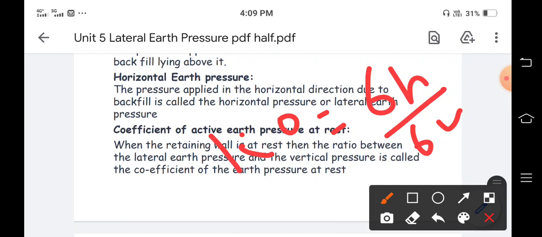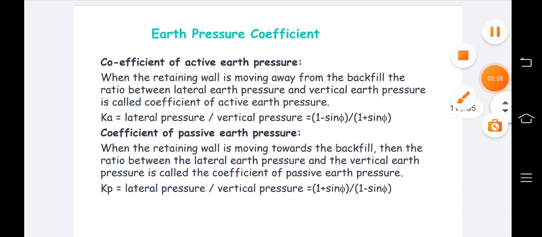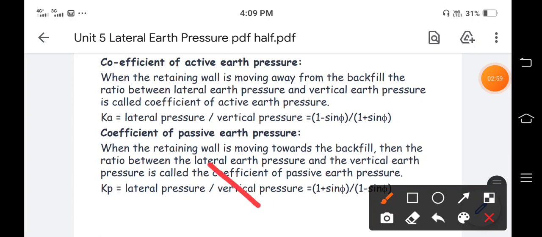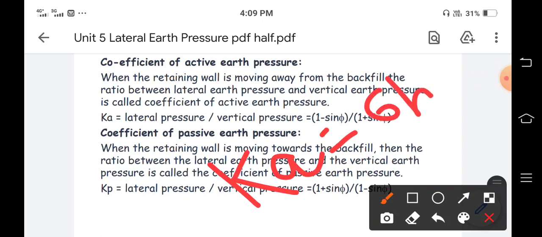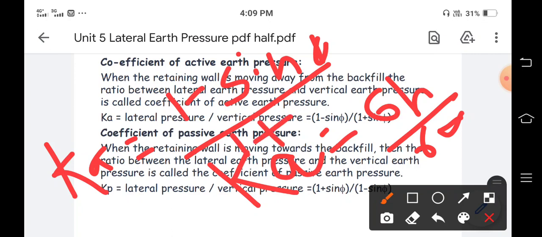Similarly, the coefficient of active earth pressure we can denote by the letter Ka. It is the ratio of lateral earth pressure, sigma h, to sigma v. While solving problems we can take Ka equal to 1 minus sine phi upon 1 plus sine phi.